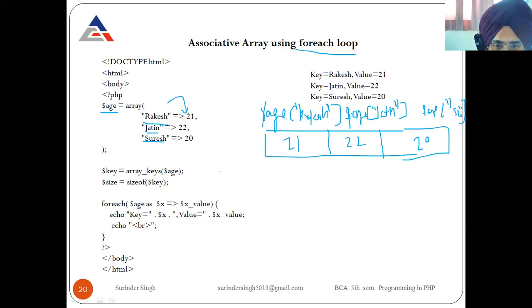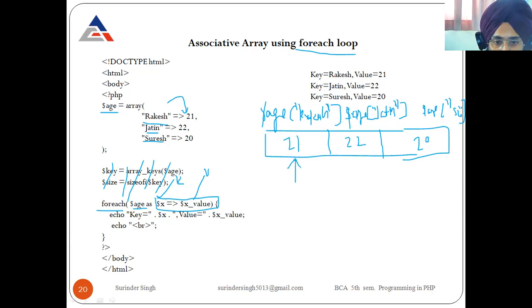Now we do not need these lines, there is no use of this. In the foreach loop we first write the array name and pass a key value pair. Here we have to pass the key value pair, this is for the key and this is for the value. When we first run this loop, the age array will contain a reference to the first element.